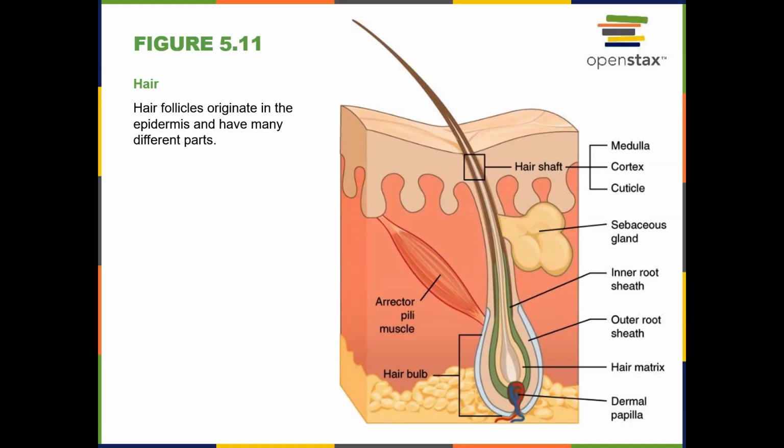Notice here there's a smooth muscle called erector pili attached to the hair follicle. The erector pili can pull on the hair follicle, making the hair stand up straight, causing goosebumps.